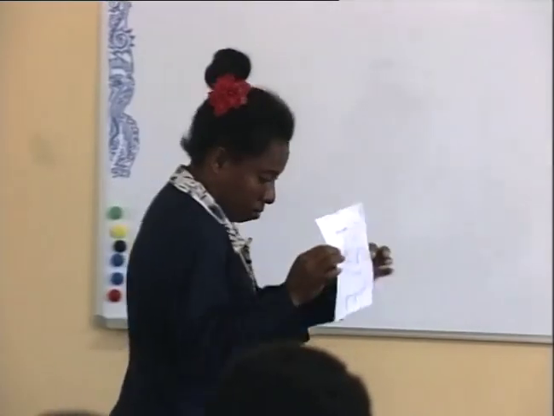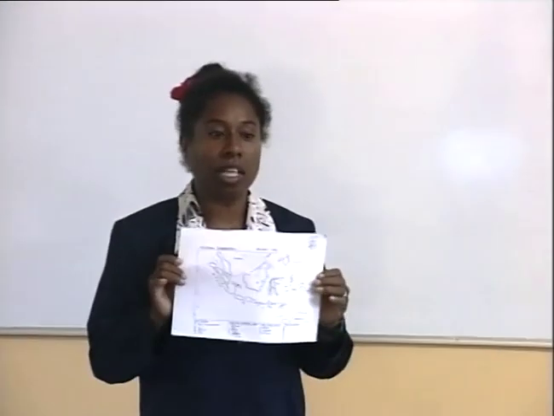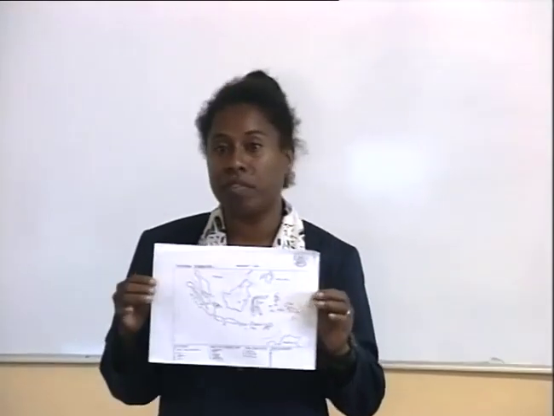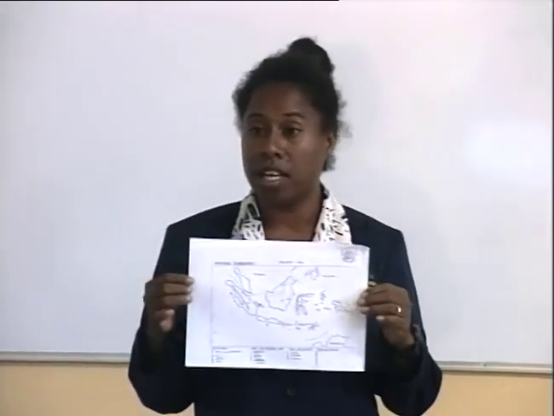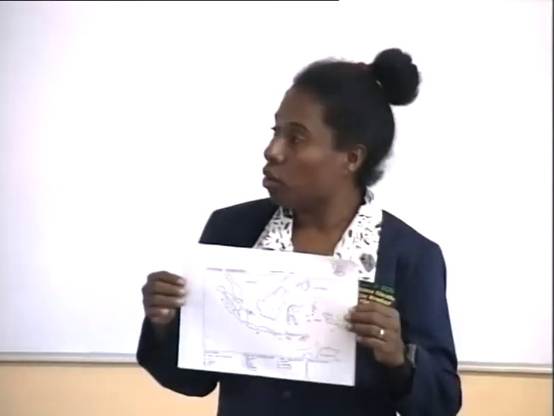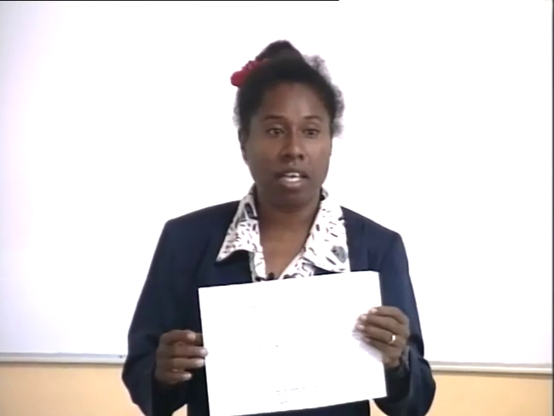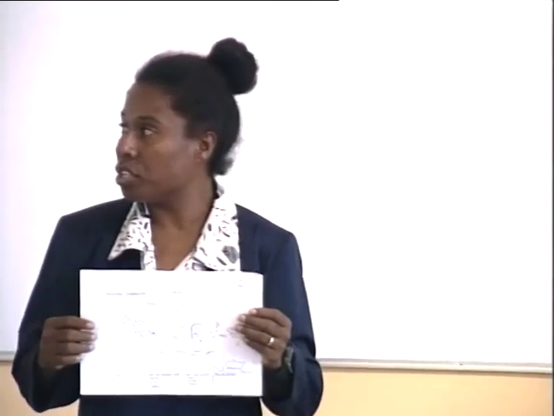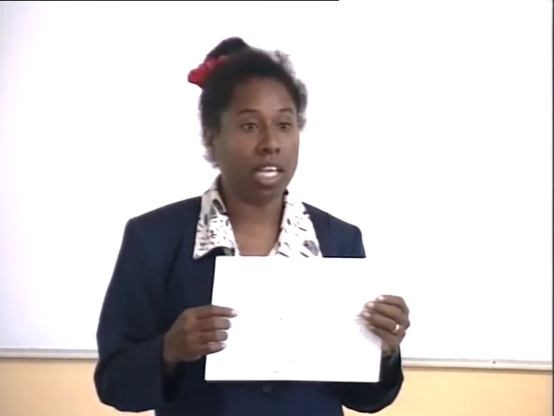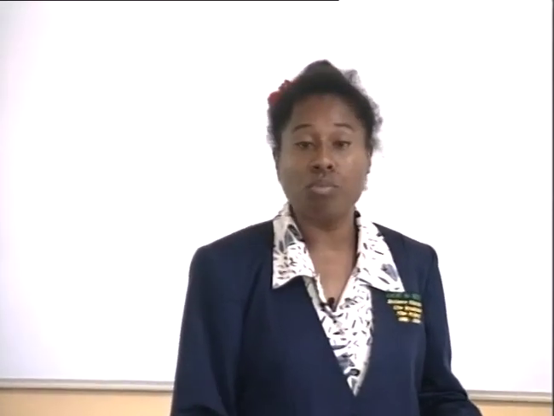Now we have a complete map of Indonesia, and the completed map should show us some of the main islands in the country, the seas, also the straits, and also the surrounding areas, especially where the country shares a common boundary, whether it be a sea boundary or a land boundary. And if there are no other questions with the map work, we are going to move on now to looking at the information on climate of Indonesia.